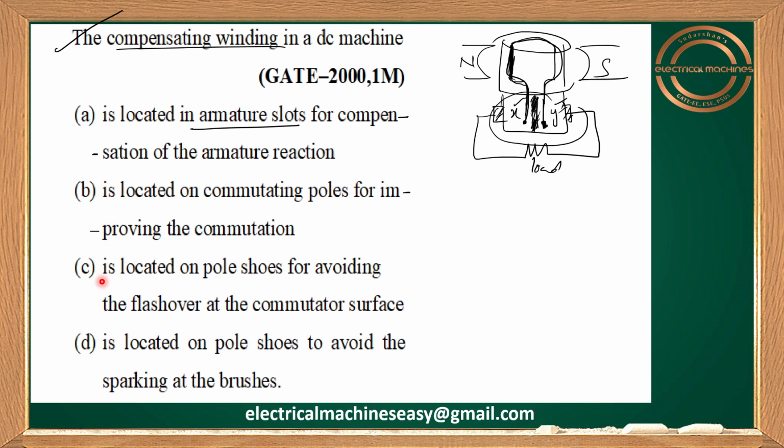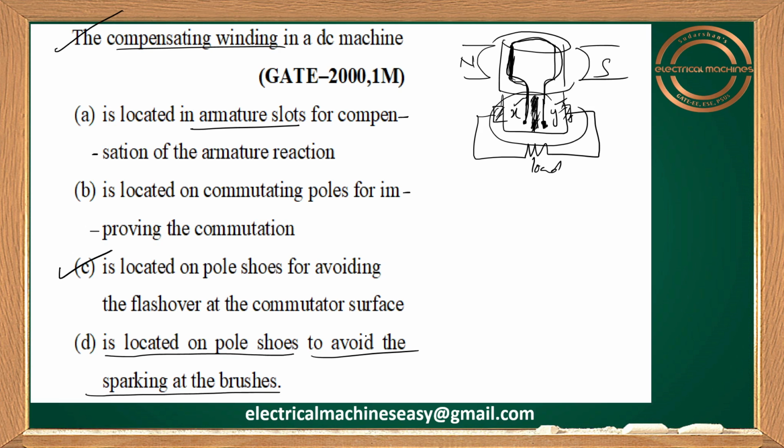Let us see option C. Is located in pole shoe. Yes, for avoiding flashover at the commutator surface. No doubt, option C is correct. So let us see option D also. It is located in pole shoe to avoid sparking at the brushes.